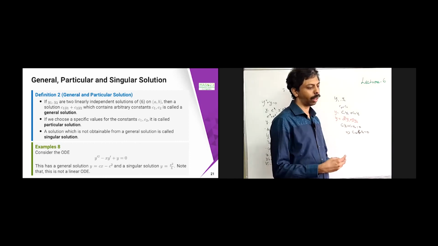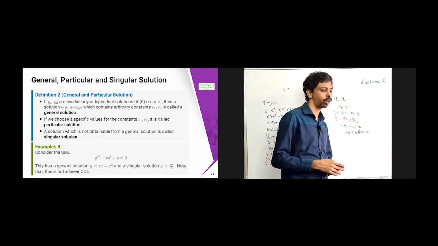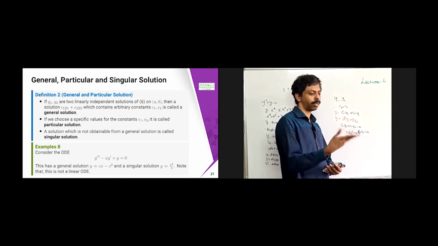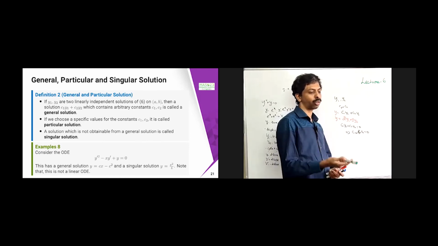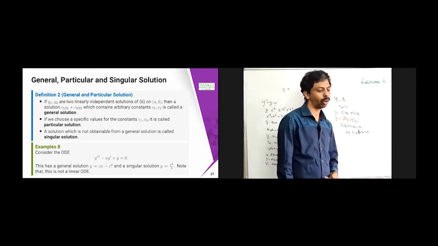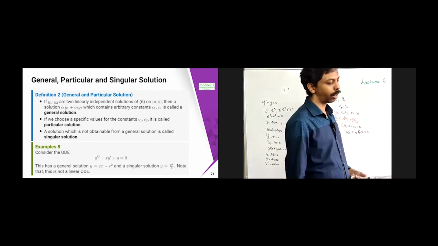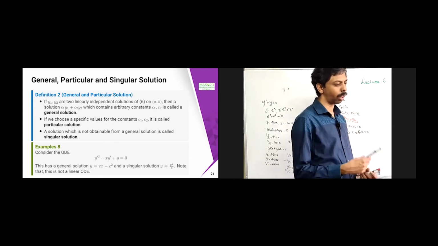So consider the ODE y dash square minus x y dash plus y equal to 0. In this case the general solution is y equal to cx minus c square. You can prove that another solution also exists which cannot be derived from this one, that is y equal to x square by 4. Therefore this is a singular solution.